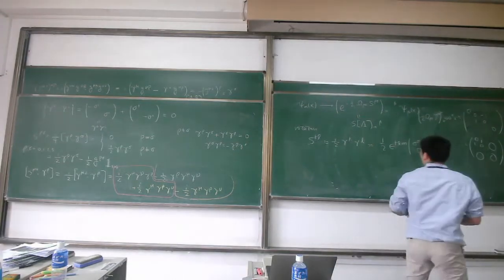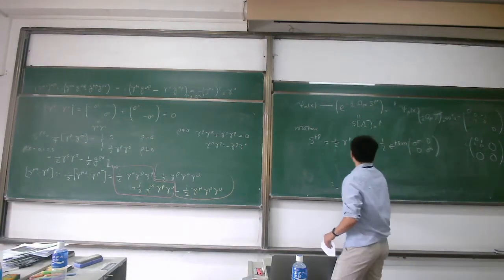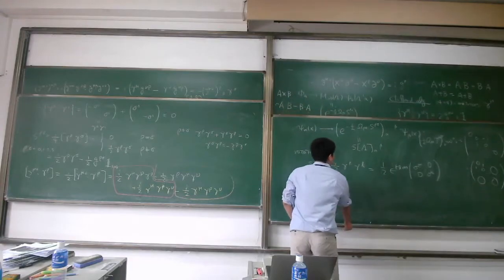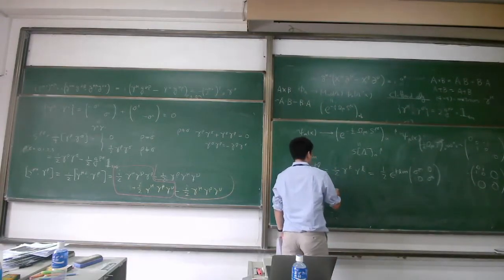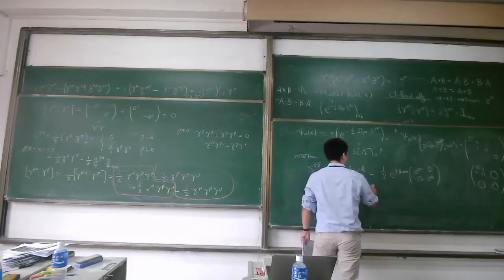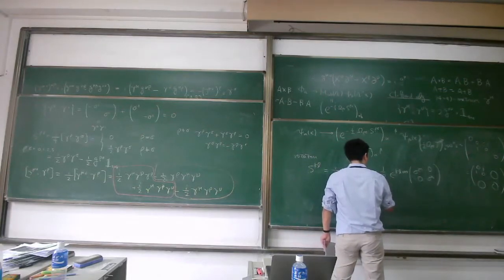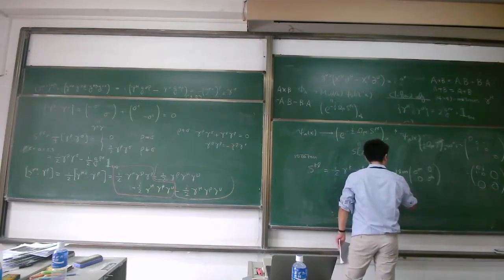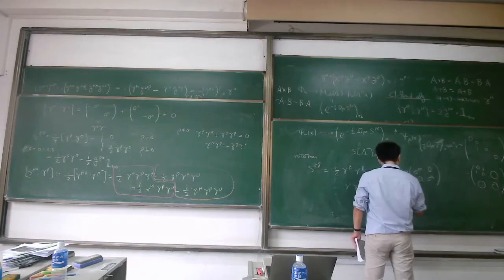Do you want me to show that? I mean, it's super easy, right? For instance, if you take the case 1, 2, so gamma 1, gamma 2 is equal to sigma 1, minus sigma 1, and sigma 2, minus sigma 2, minus sigma 2, sigma 2.